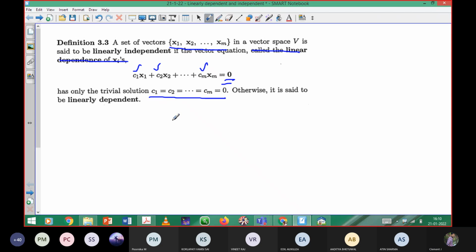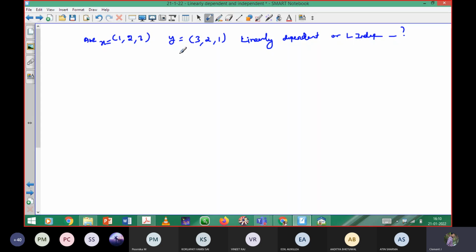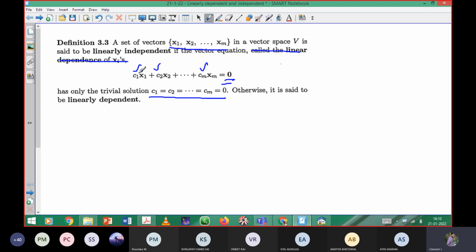Okay, so we can solve the first problem. They have provided only a pair of vectors, and we are going to test whether they are linearly independent or linearly dependent. So what is our first step? We need to write it in the linear combination format.